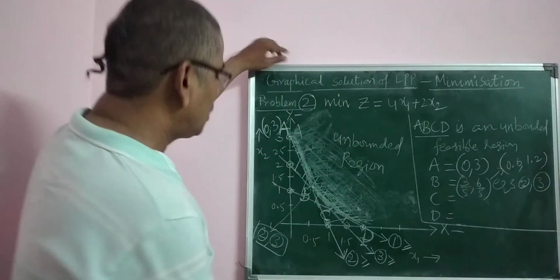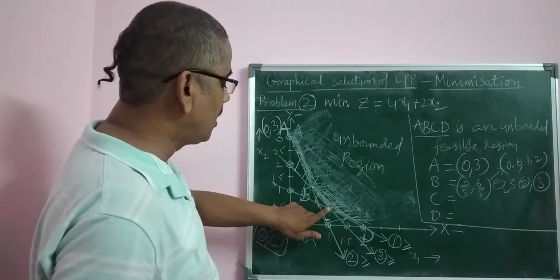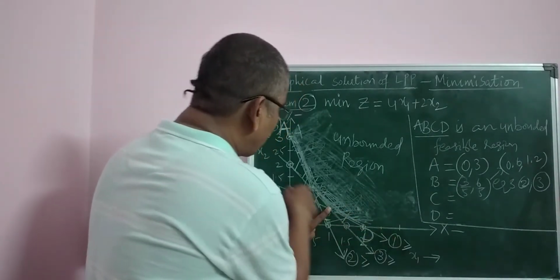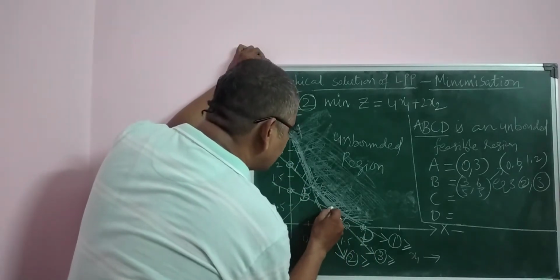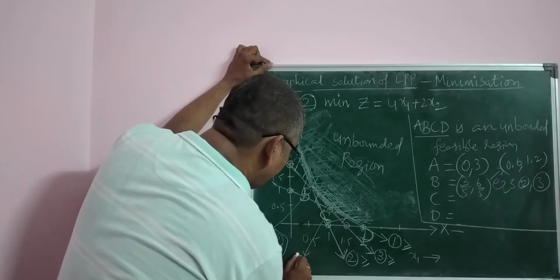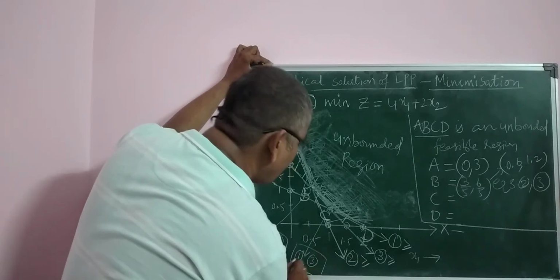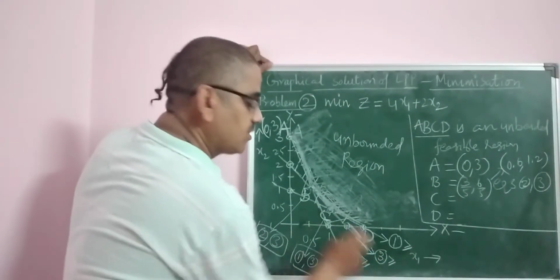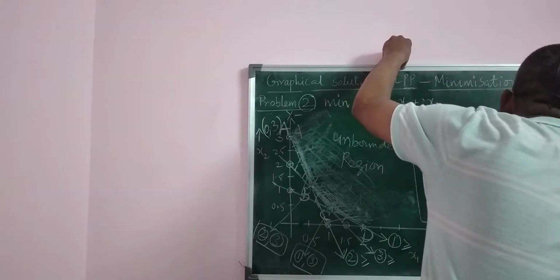And C you also have to identify. That means you have to calculate it by solving two particular equations. C passes through equation 1 and equation 3, so C is going to be obtained by solving equations 1 and 3.